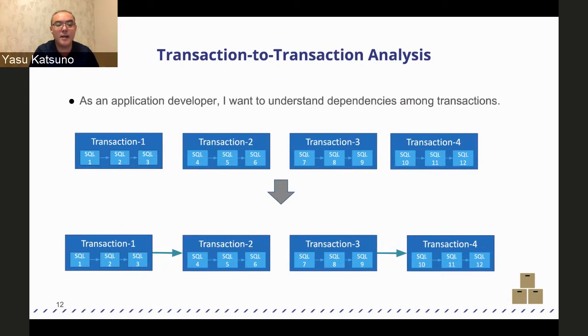In such a case, the same database table 1 is accessed from transaction 1 and transaction 2. That is, transaction 1 should be executed first. Transaction 2 needs to wait until transaction 1 is finished. So it is quite important to keep data consistency.